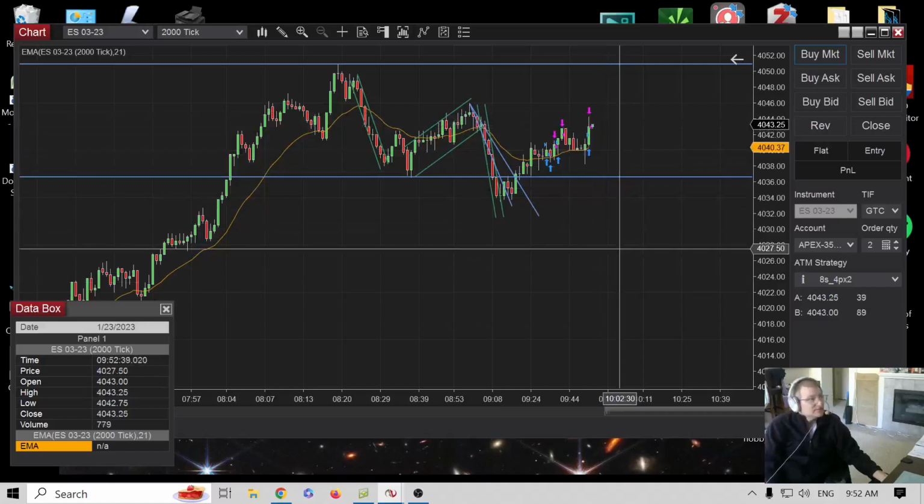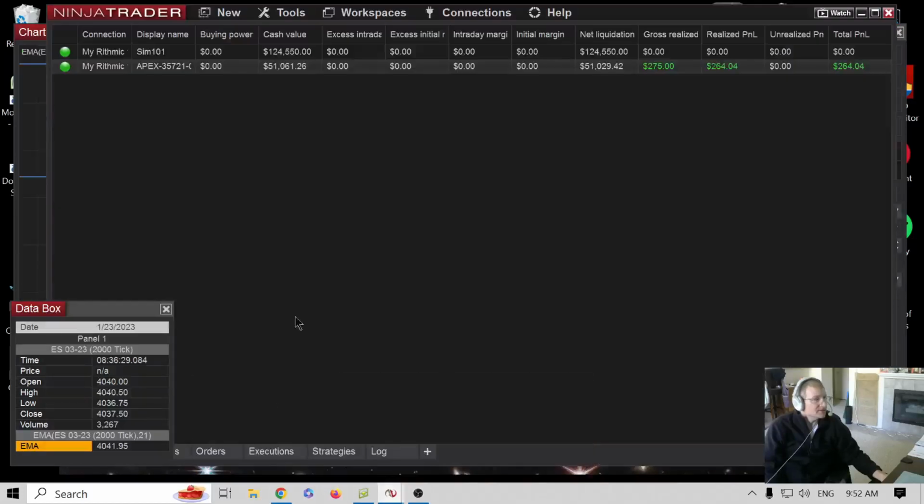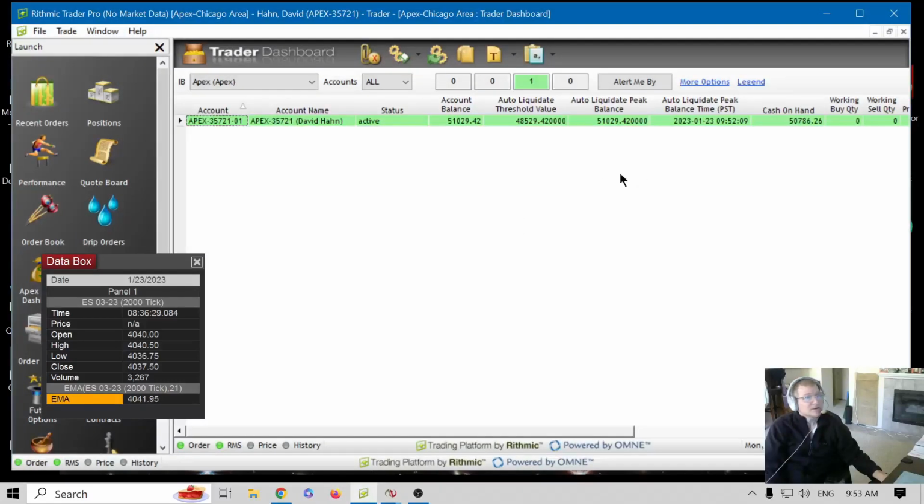So, let's see if that commission showed up on there. Control center, execution. Oh, it showed commission there. So that's a reasonable commission value. I think it's less than that on our trader here.